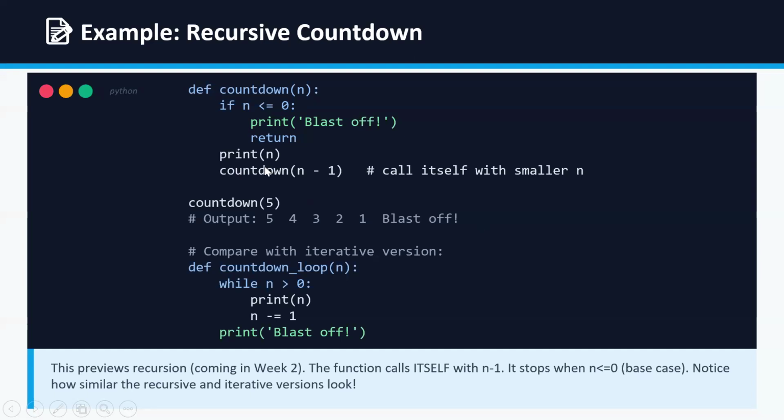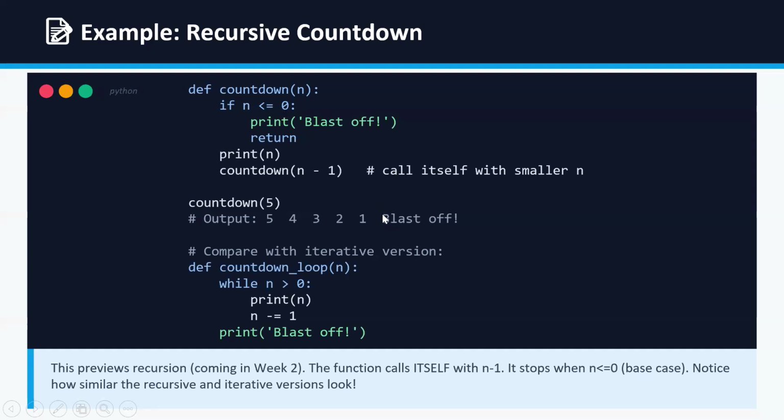So what are we doing? In the countdown we are passing 5. It should start from 5, 4, 3, 2, 1, and then it should blast off. So 5 will be assigned to this n variable. Now it is checking if n is less than or equal to 0.